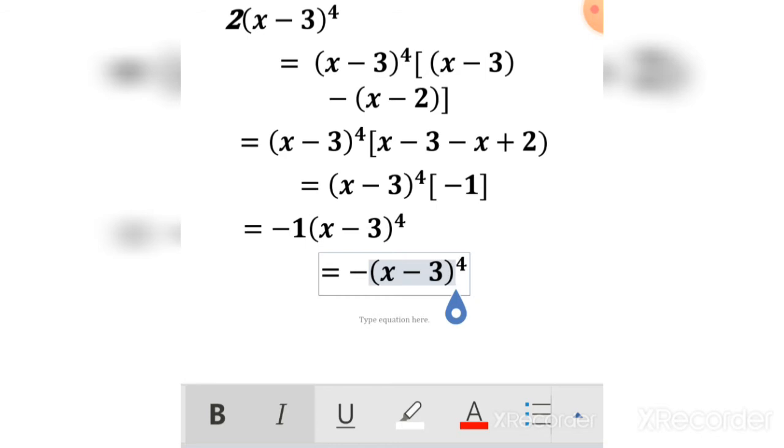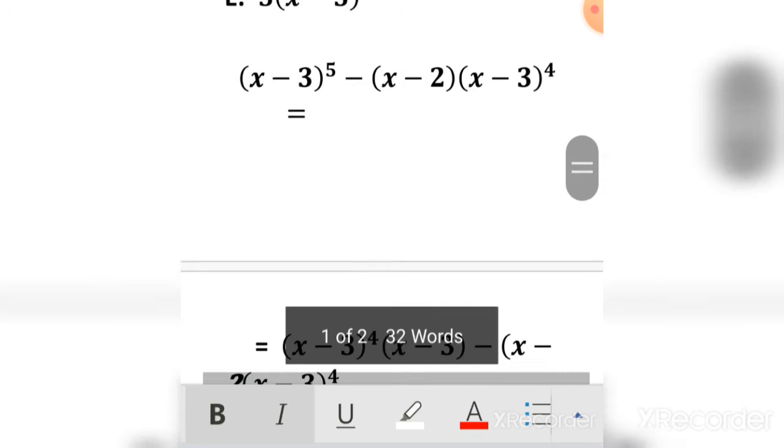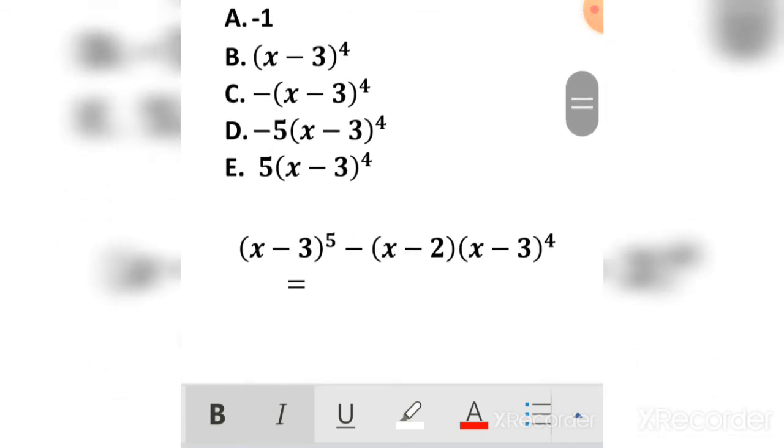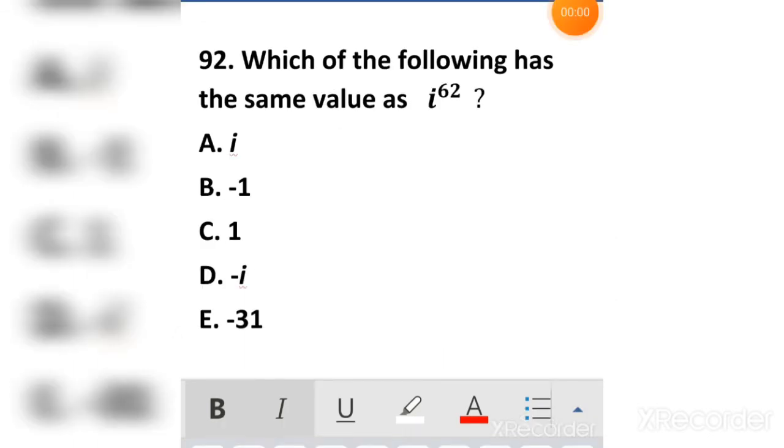And this is our final answer, and it's letter C from our choices. So the correct answer is letter C.